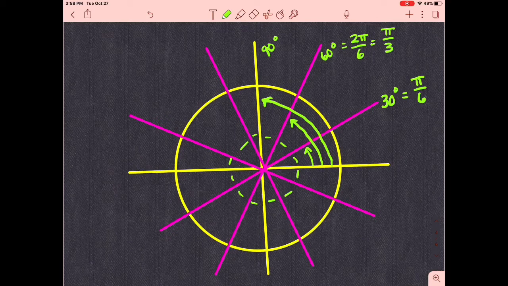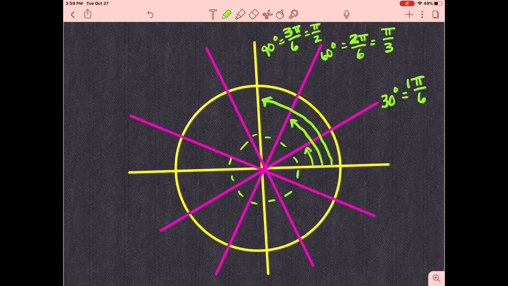Okay, and when we get to 90 degrees, it is still pi over 2. But notice what else we could call it. We could call it 3 pi over 6. 1, 2, 3. That's the same as pi over 2, or 1/2 pi.